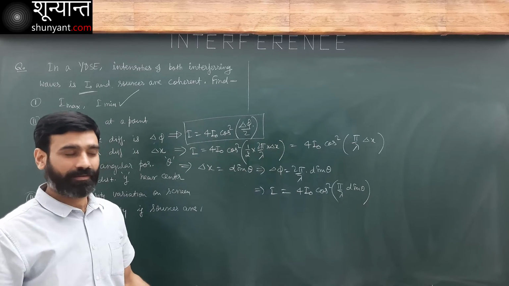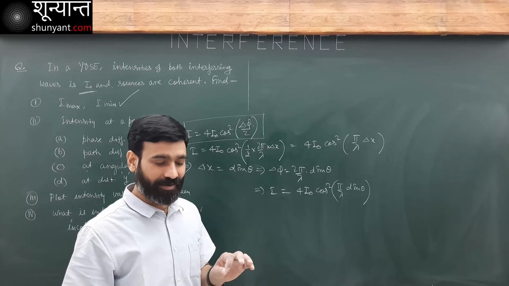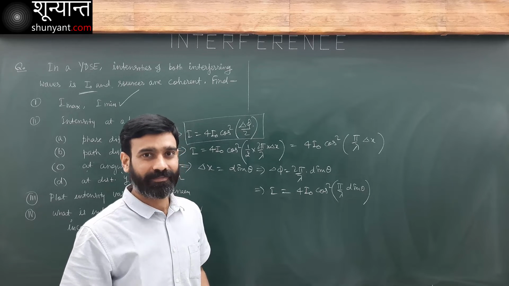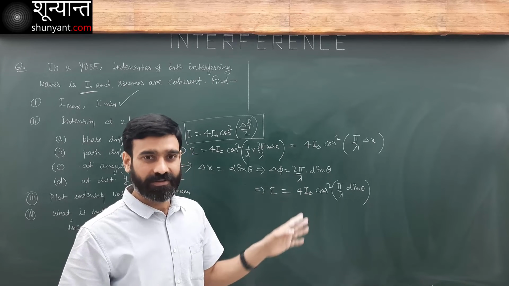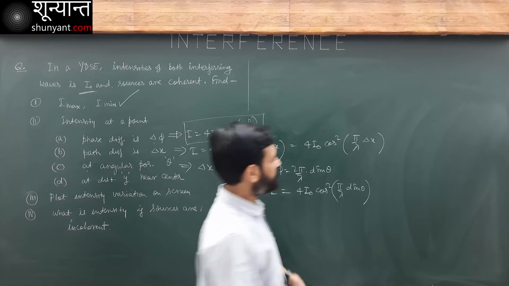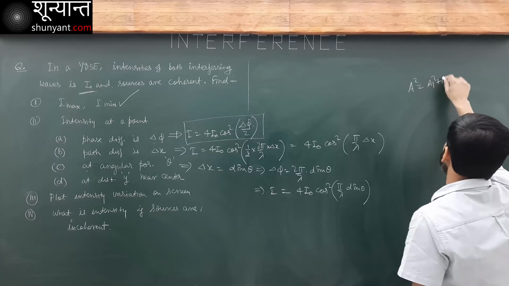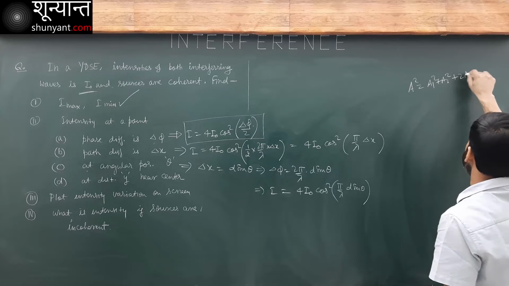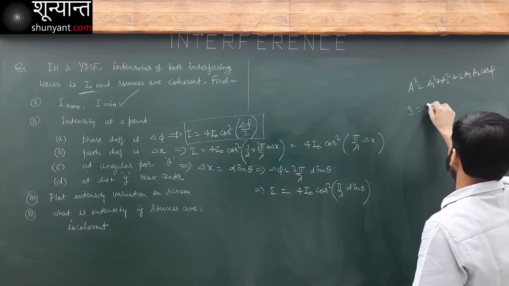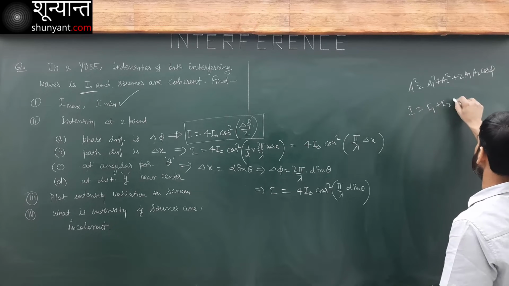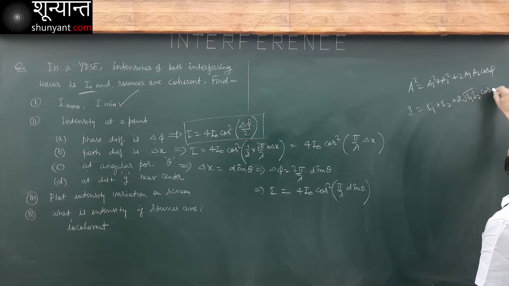Do I need to remember all of this? No, I do not need to remember any of this. If you know the basic interference superposition concept, if you know just this, A square is a1 square plus a2 square plus 2a1 a2 cos phi, and I is I1 plus I2 plus 2 under root I1 I2 cos phi.